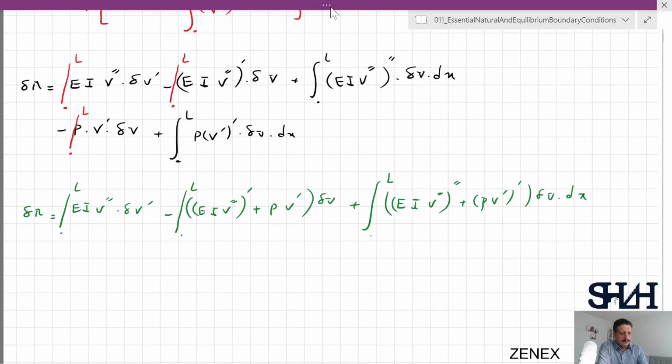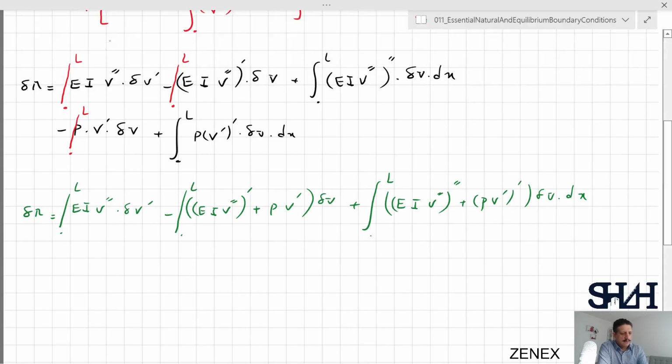And if you remember, when we make the derivative, we need to force the variation of total potential energy to be 0.